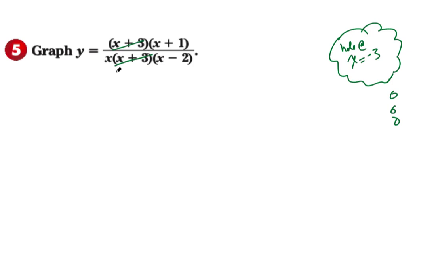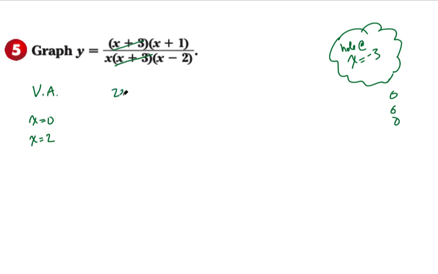All right, great. So now that we've got that, now that we've canceled stuff out, we've got to see if there are any vertical asymptotes. And I'm hoping you can see that there are vertical asymptotes, 2 of them actually. We don't usually have this, but there's one at 0, because that's what would make this part of the denominator 0. And there's another one at x equals 2. So those are 2 things that we need to worry about. We know that our graph will cross the x-axis.